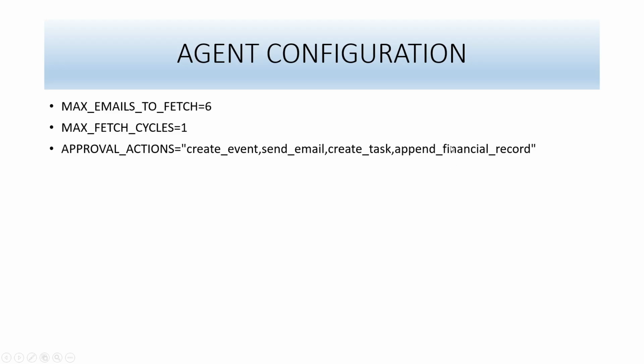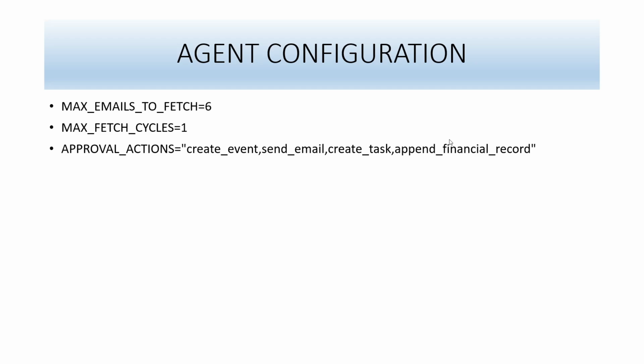So this is related to your financial notification emails. We'll talk about this in detail when we get to this specific email type. So this is the agent configuration that we are going to use for the demo.